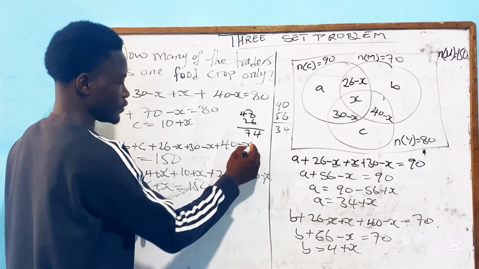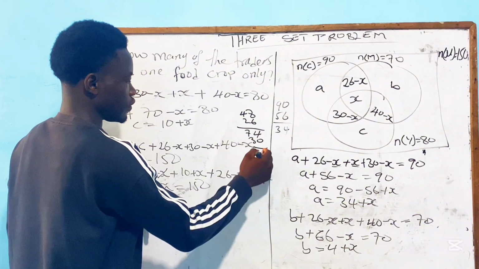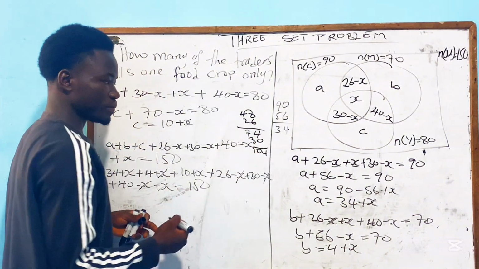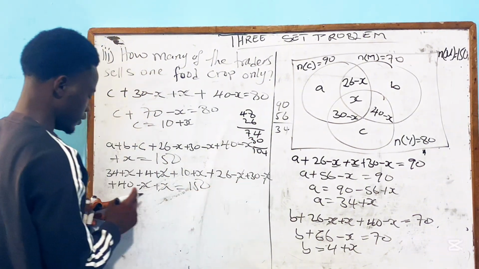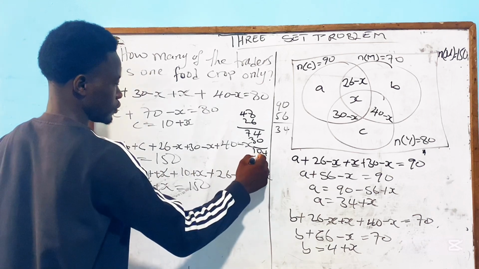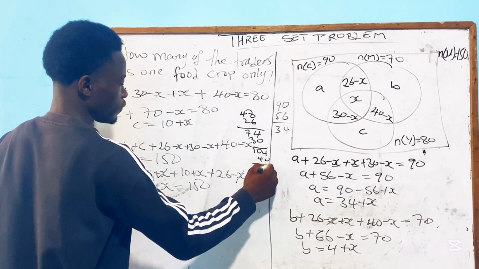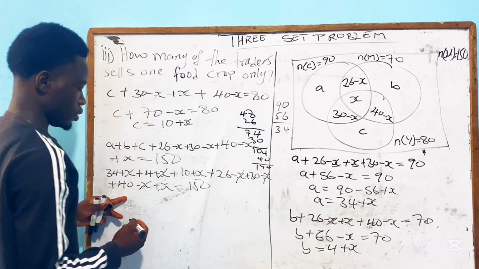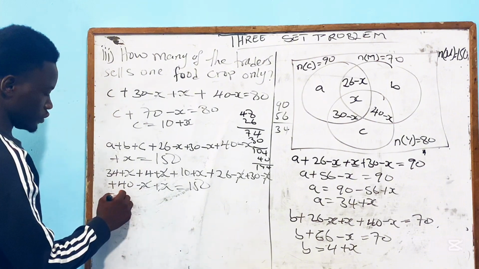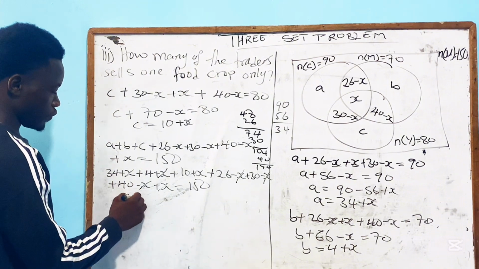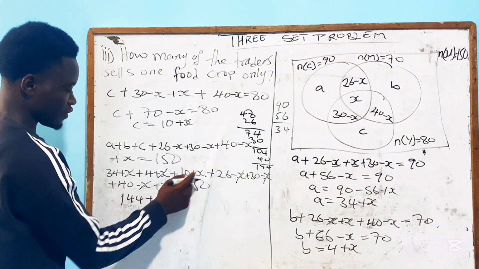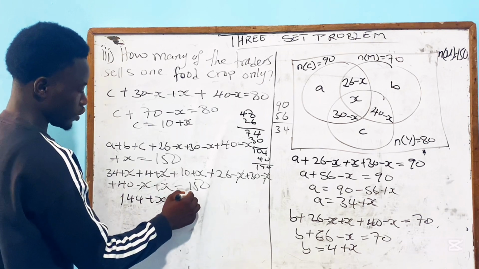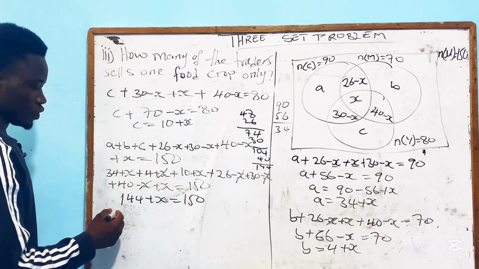Then plus 30, we have 104, plus 40, we have 144. And that is 144 plus this last x, and it's equal to 150.